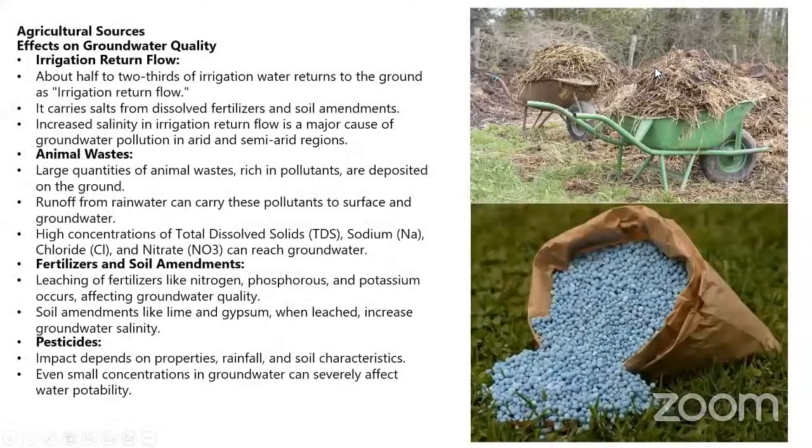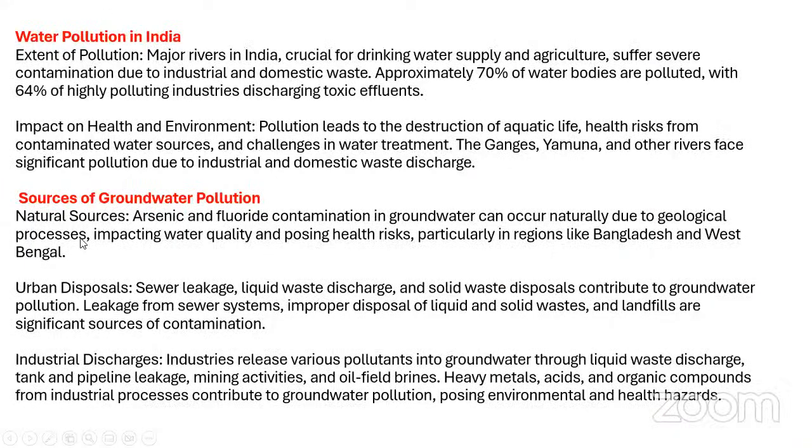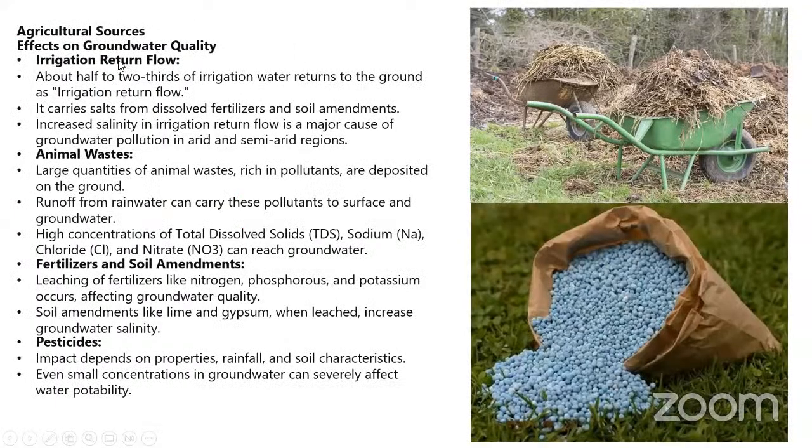Here you can see what the agriculture sources are. In the previous slide, we discussed the natural, urban, and industrial. In this slide, we are discussing agriculture sources: animal waste, fertilizers and soil amendments, and pesticides.